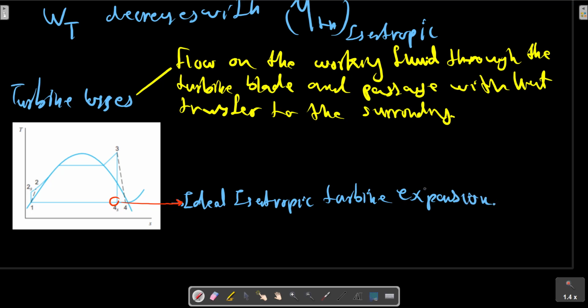And state 4 is the actual state leaving the turbine following an irreversible process.